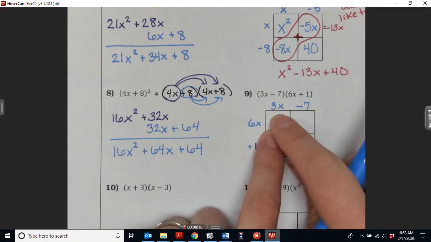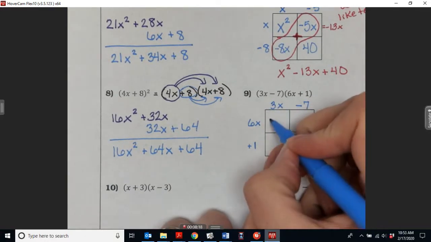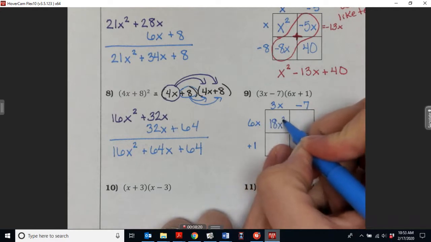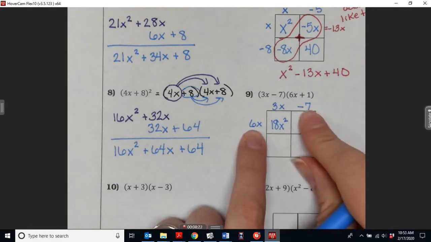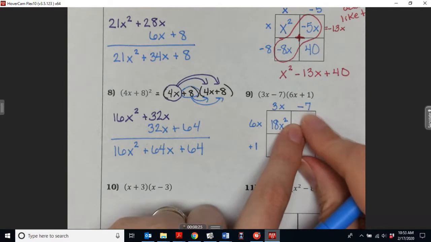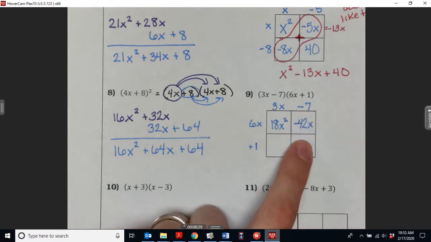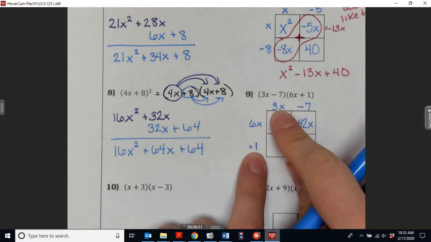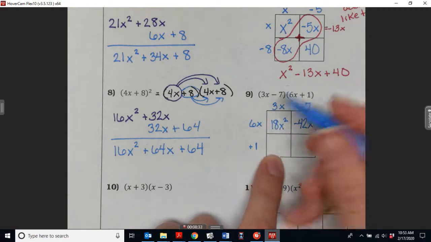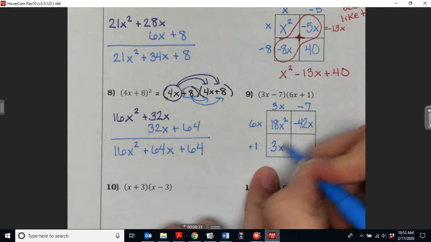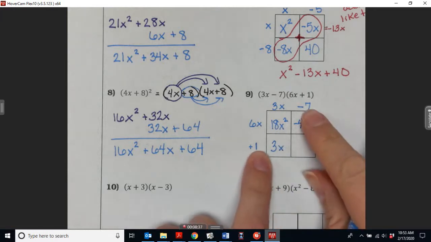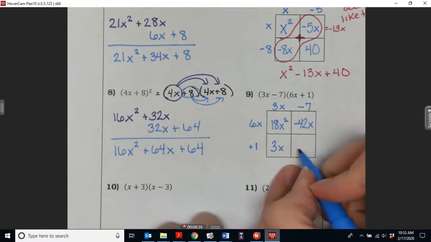3 times 6 is 18x squared. Okay, go across. 6x times negative 7 is negative 42x. 3x times 1 gives me this box here. That gives me 3x. And negative 7 times 1 gives me this last box, negative 7.